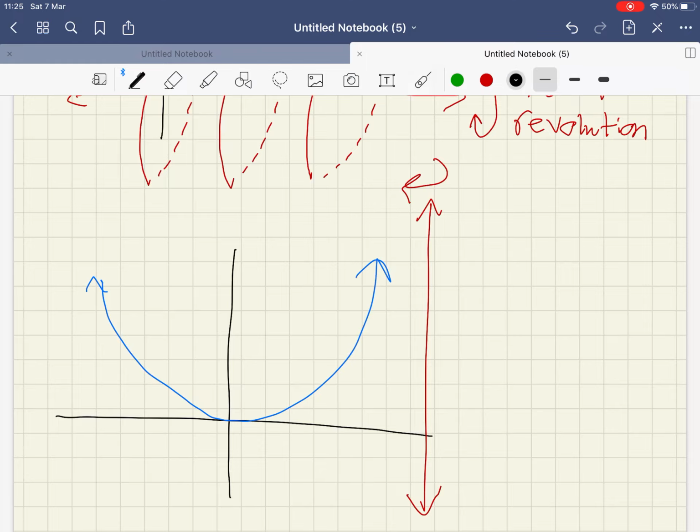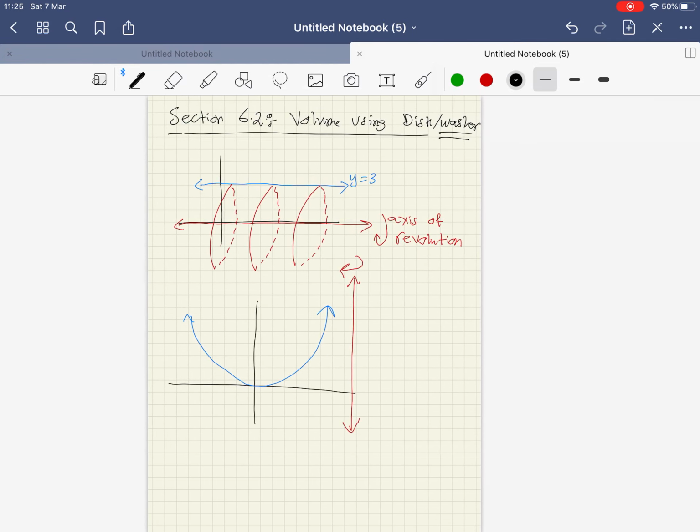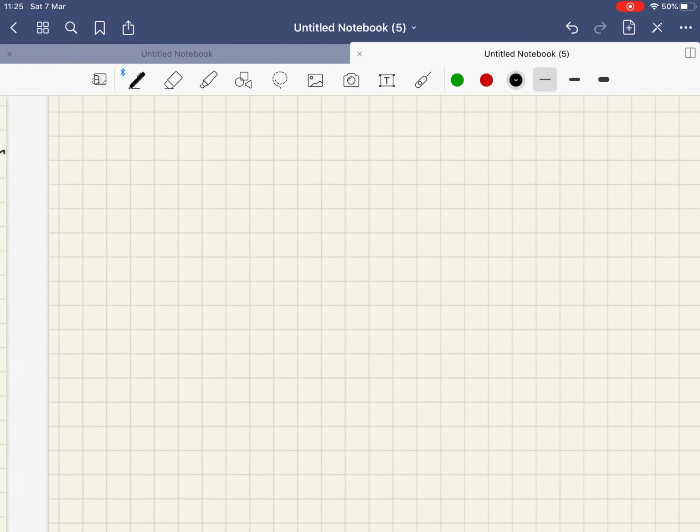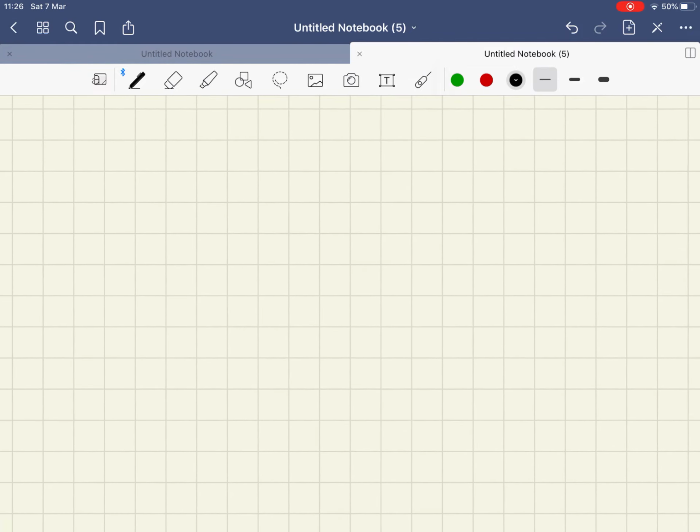So how we will do that, let me go to an example and I'll explain in the example how this can be done. Let's go to example number 1 or question number 1.